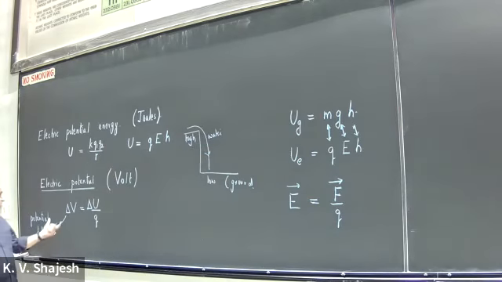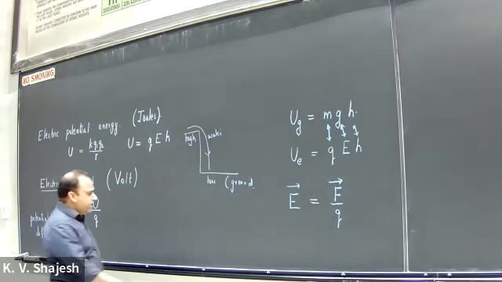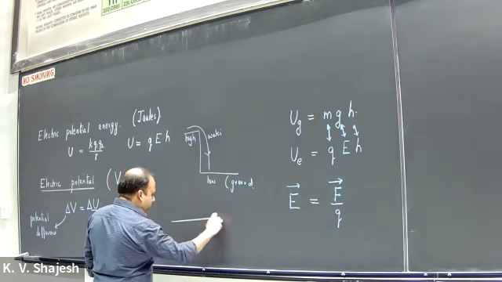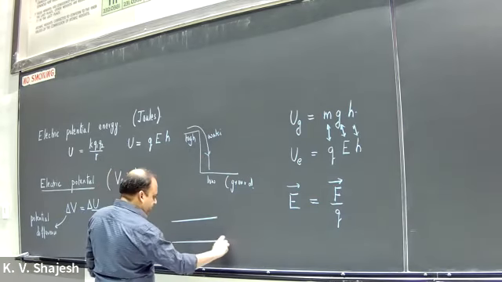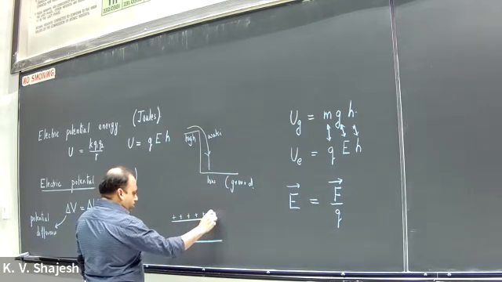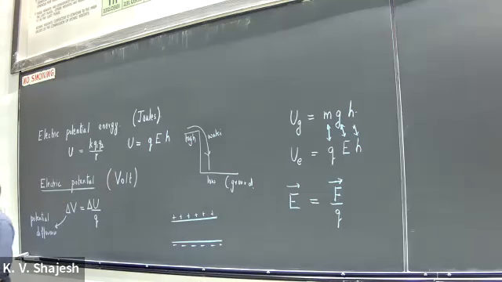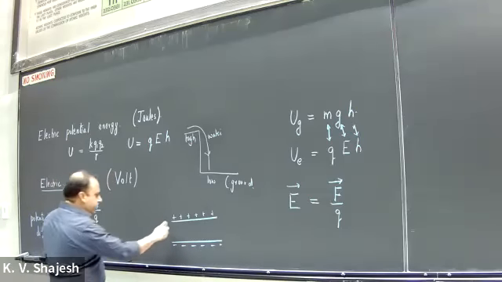So the main idea is, if there is a potential difference, there is potential energy, or the reverse: you can have a potential energy, you can have a potential difference. And we already know the process where you can create a potential difference: have charges on one plate and the opposite charges on the other plate, and that creates an electric field.